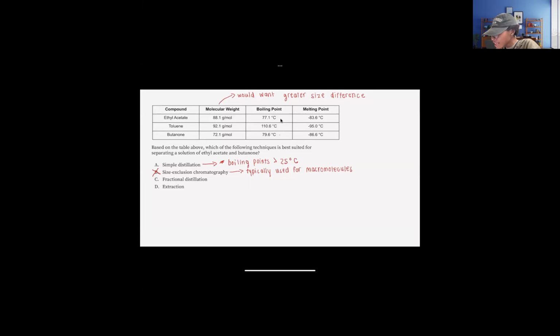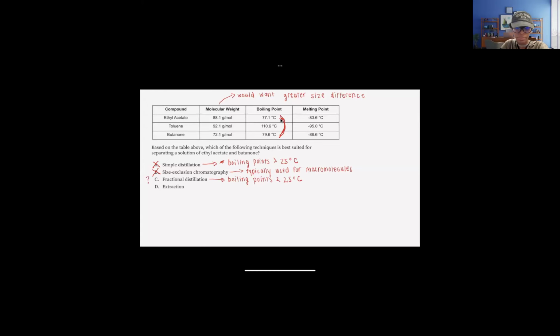And if we look at these, that's not a 25 degrees Celsius difference. So we can't use that. C, that's going to be boiling points less than 25 degrees Celsius. Well, we are less than 25 degrees Celsius. So that one I would put a question mark.